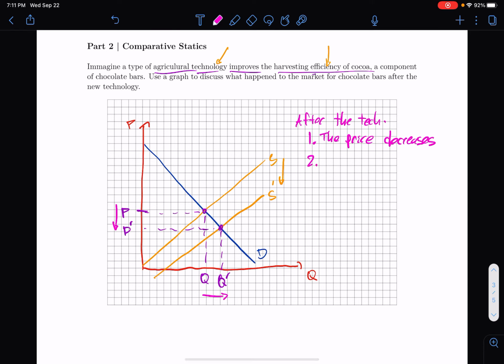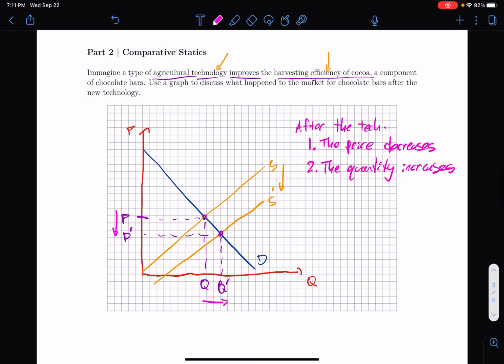And the second is that the quantity increases. And this is really all we know from the information we're given. There's not a whole lot to go on just from the setup of the question.